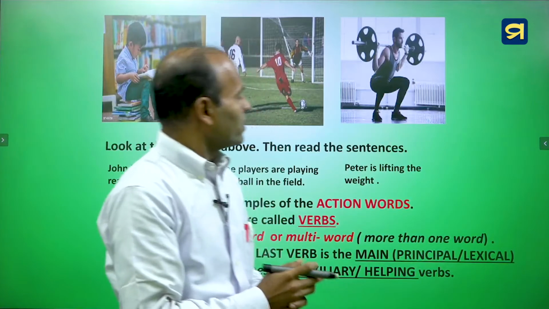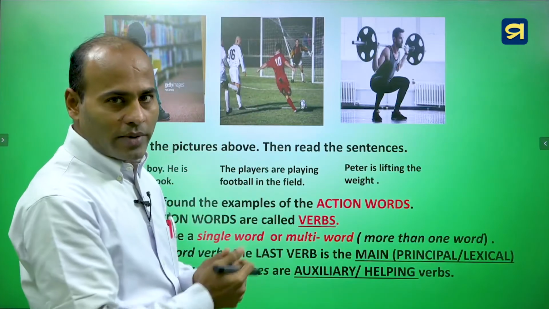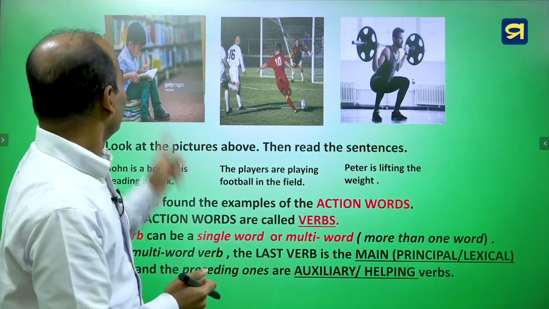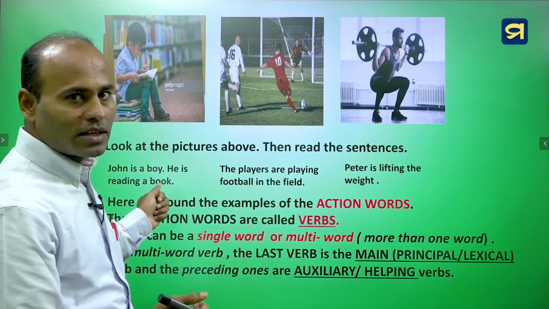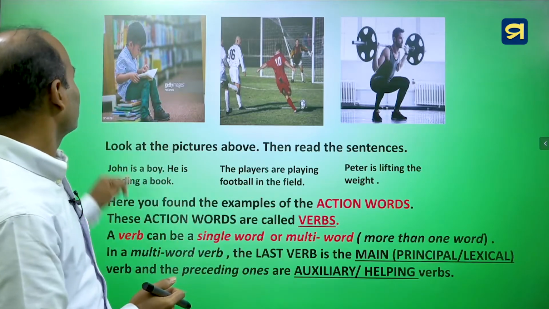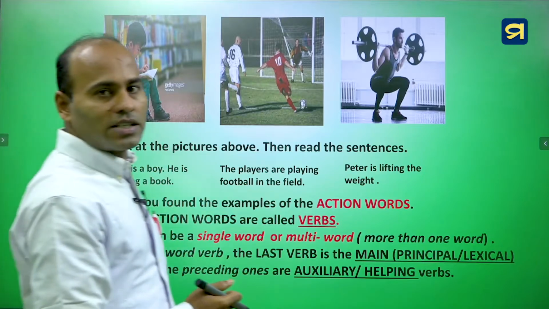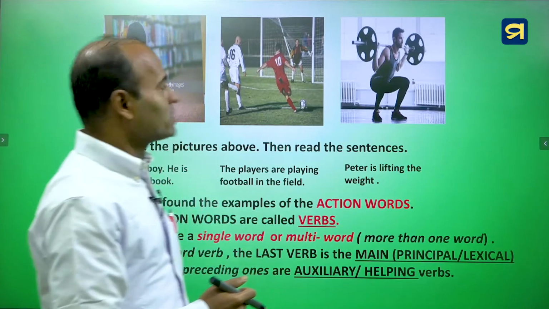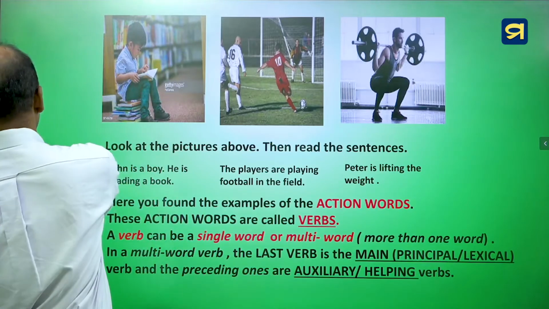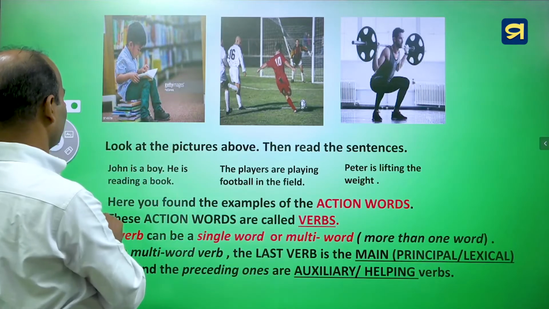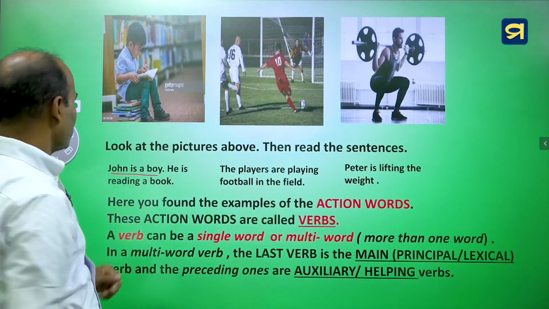So, here are some pictures given. Look at the pictures and read the sentences given below the pictures. Here you can see in the image a boy is reading. So, John is a boy.